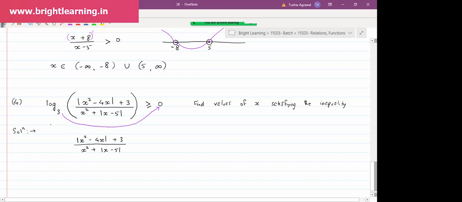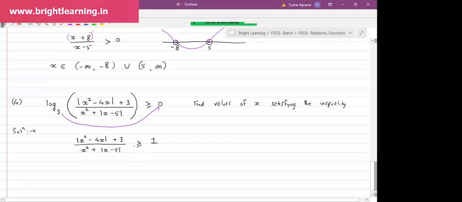The base is greater than 1. For the base of the logarithm, we see whether the base is between 0 and 1, or greater than 1. Between 0 and 1 reverses the inequality sign. Greater than 1, we maintain the inequality sign, and here it becomes 3 raised to 0. 3 raised to 0 is 1.